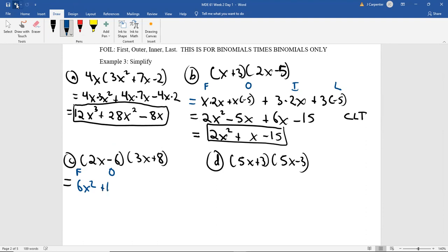16x. Plus 16x, great. Then for the inner, we got our minus 6 times our 3x. How about that one? Minus 18x. And then for the last, that's the minus 6 times the positive 8.